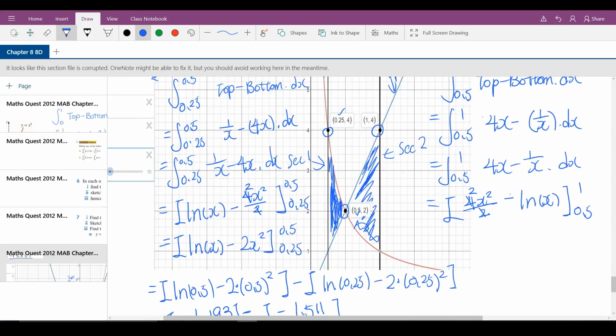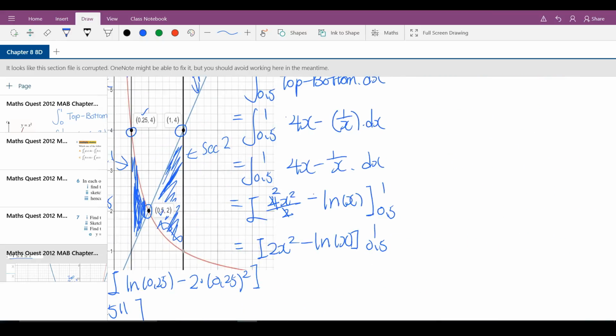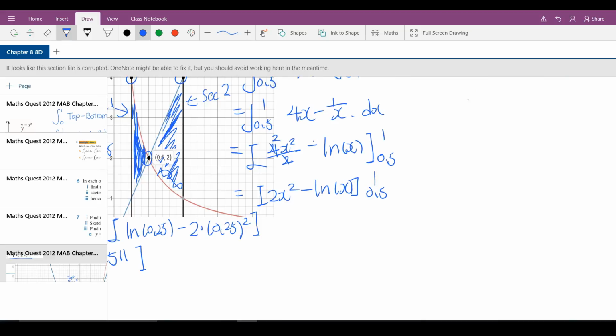So it should be 2x squared minus ln x, from 0.5 to 1. All right, let's start calculating. It's equal to 2 times 1 squared minus ln 1, minus 2 multiplied by 0.5 squared minus ln 0.5.